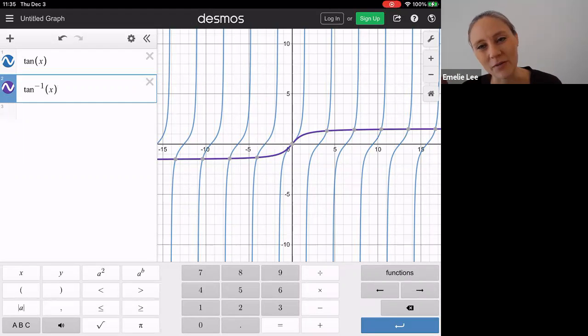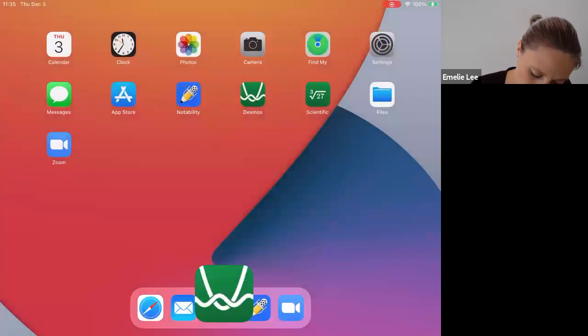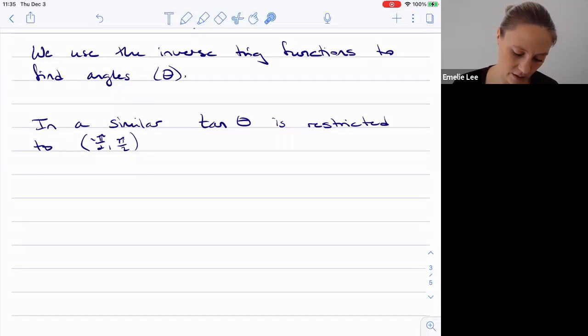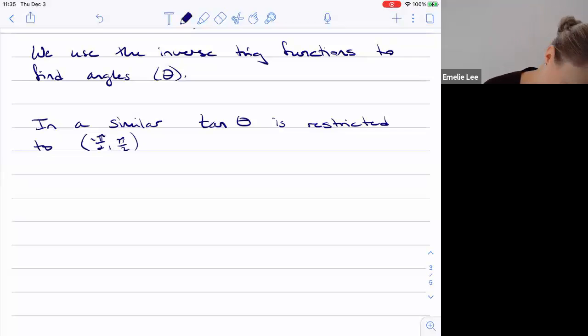And so now we have these horizontal asymptotes, but remember, we can't get to pi over 2 or negative pi over 2, so that's why they're excluded. So in a similar way, tan theta is restricted to negative pi over 2 to pi over 2, not including the endpoints.